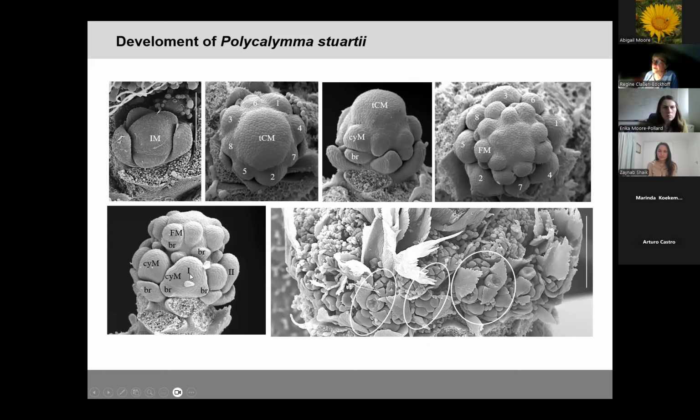So the terminal capitulum develops first, and then we have the lateral meristems, which each produce a capitulum of first order and 2 prophylls, and in the axils of the bracts, cyme meristems, which repeat this process until the 5th order. And here in this older stage, you see the characteristic zigzag pattern of cymose branching, which indicates that we have an inflorescence, a pleiochasium with cymose branching patterns.